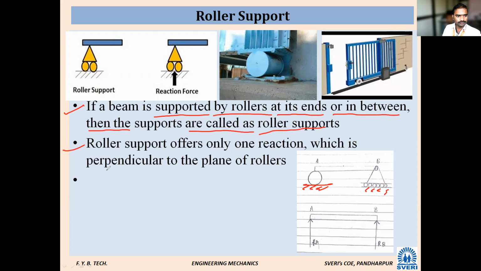Next point. Roller supports offer only one reaction.